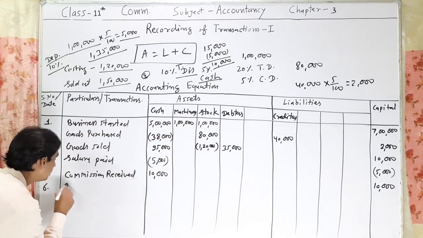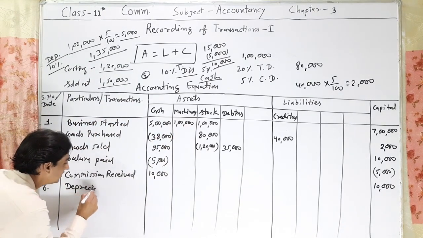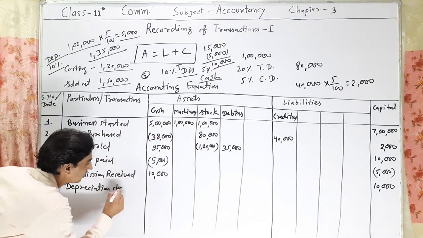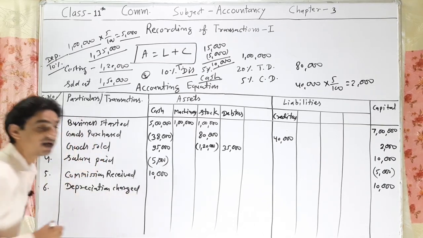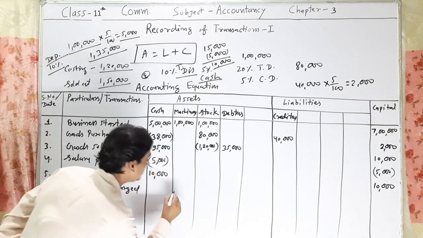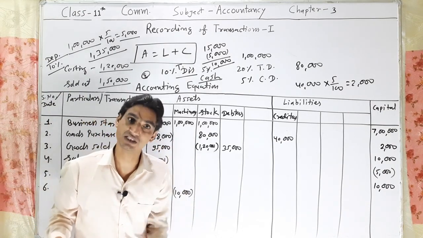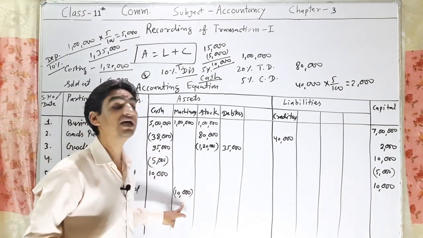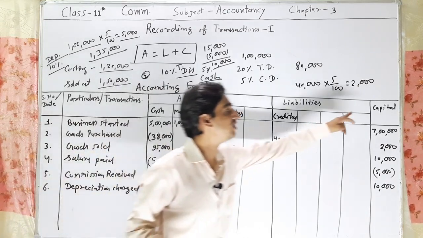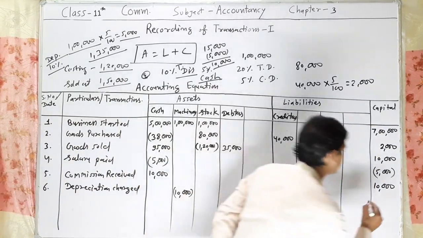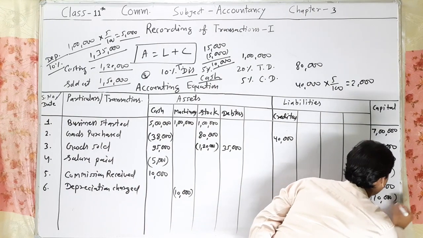So depreciation charged is rupees 10,000, and the machinery balance will be reduced by rupees 10,000. This is an expense, so it will also be reduced in the capital balance, minus 10,000.